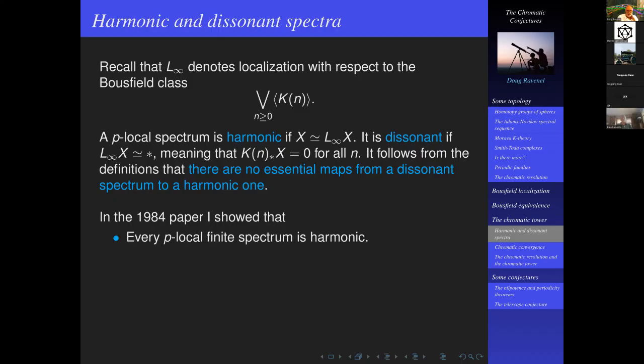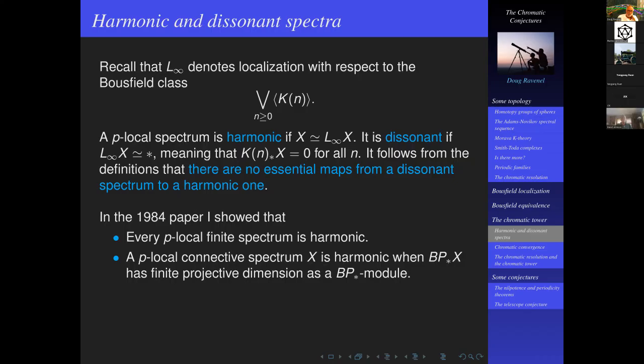In the 84 paper, I showed that every p-local finite spectrum is harmonic. I also showed that a p-local connective spectrum is harmonic if the BP homology has finite projective dimension as a BP star module.